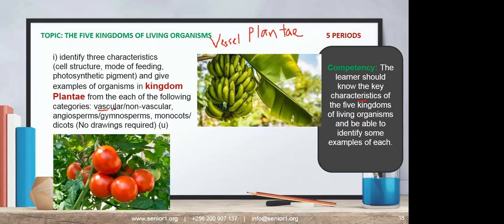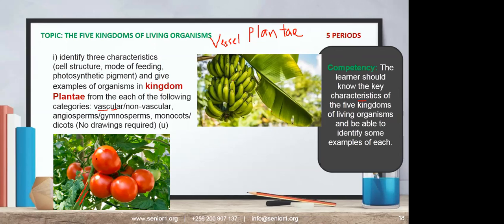Now, there are some plants which have vessels, which are hollow tubes through which water and food are transported within the plant. You are seeing this stalk or stem of this tomato plant. Inside, there are vessels. The vessel which transports water is called the xylem. And the vessel which transports food is called phloem.